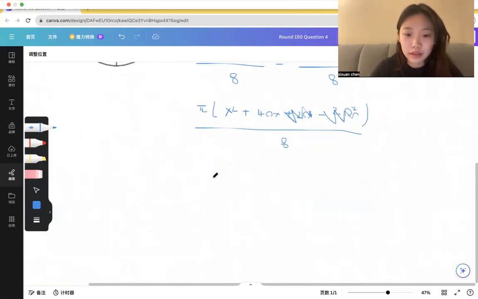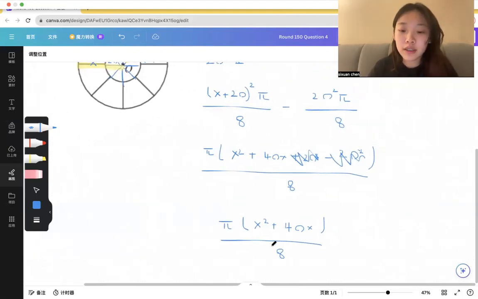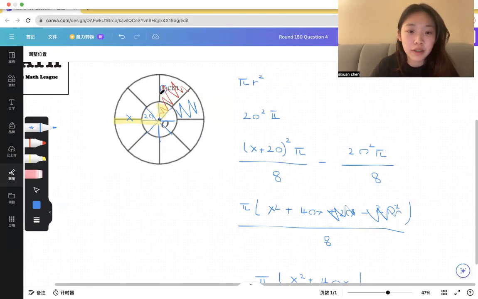So the simplified version of this whole function will be pi times (x squared plus 40x) over 8. So this is the area of this shape right here.